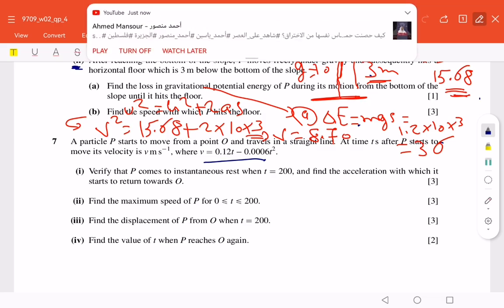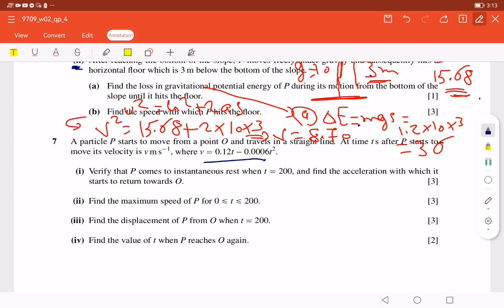The next, we need to verify that P comes to instantaneous rest at t equals 200, and find the acceleration with which it started to return towards O.